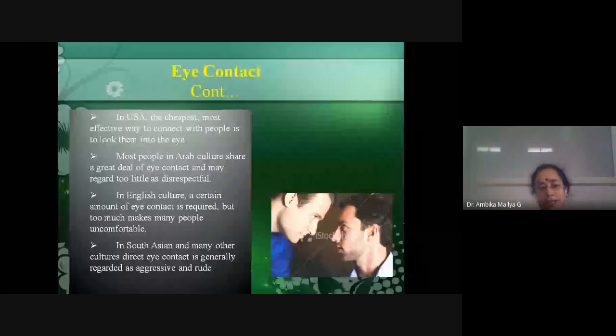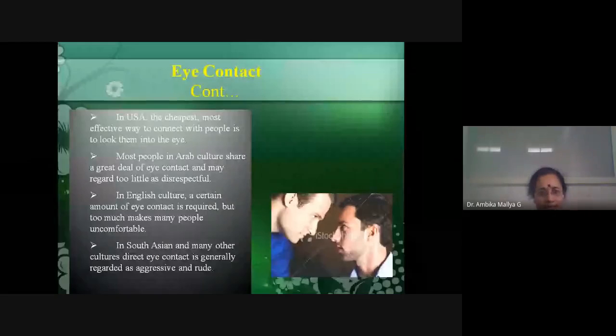Just look at the cultural differences. One single body language, that is eye contact, and look at the different cultural behavior, the norms, the different expectations from different cultures. You wouldn't know how to behave in an English culture or an Arab culture or the States. So it will be just in moderation. Okay.